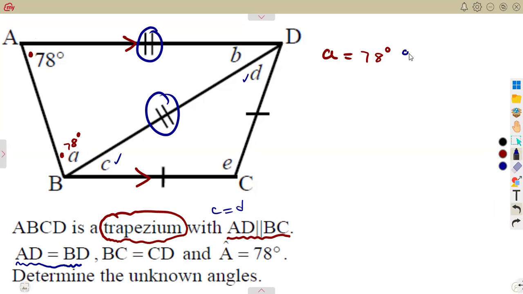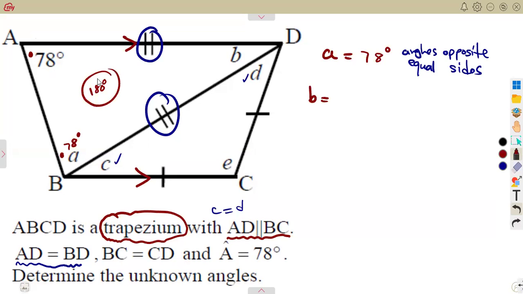All right. So these are angles opposite equal sides. Opposite equal sides. Definitely they will be equal. Then we can also calculate the angle B, since we do understand that angles inside of a triangle add up to 180 degrees. So the 78, the B, everything must add up to 180.